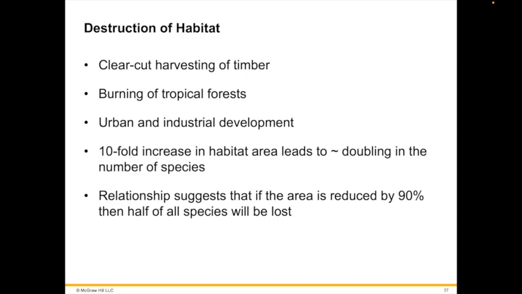This relationship suggests, conversely, that if the area of habitat is reduced by 90%, so that only 10% remains, then half of all species will be lost. Evidence of this hypothesis comes from a study in Finland of extinction rates of birds on habitat islands.